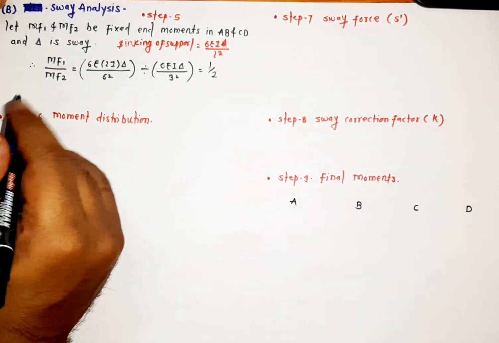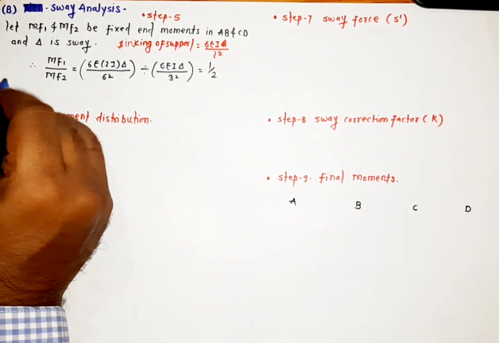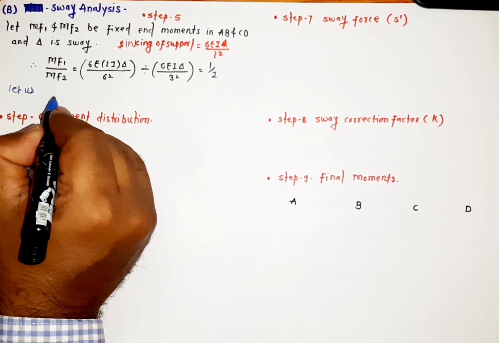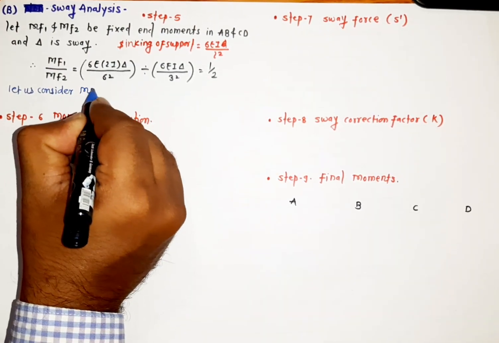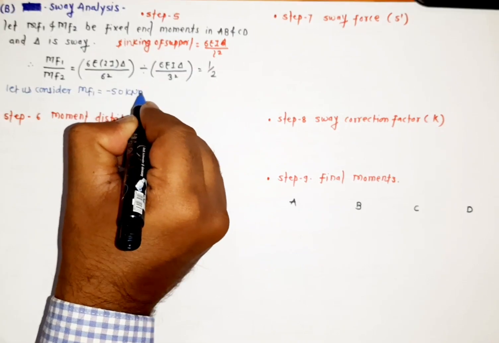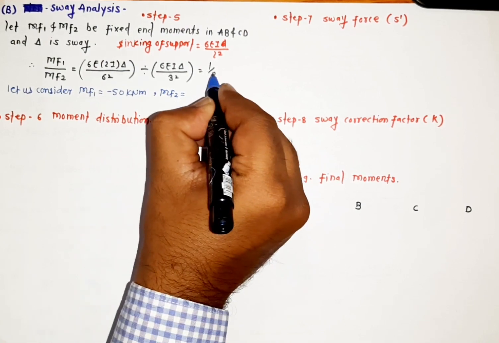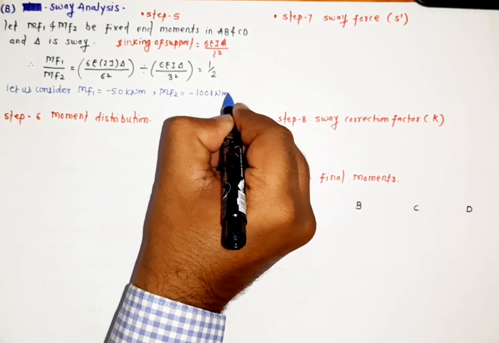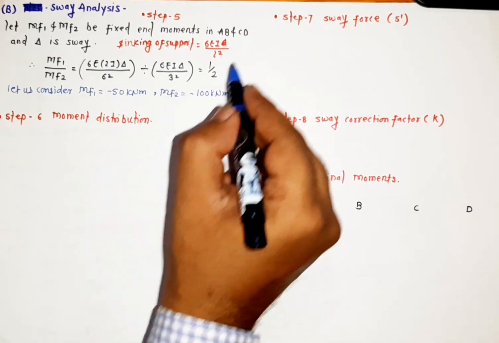Now we have to consider the value of MF1. You can consider any value, but let us consider, this is our assumption, MF1 is equal to minus 50 kilonewton meter. So MF2 will be, ultimately twice of this, minus 100 kilonewton meter. MF1 is for column AB and MF2 for column CD.